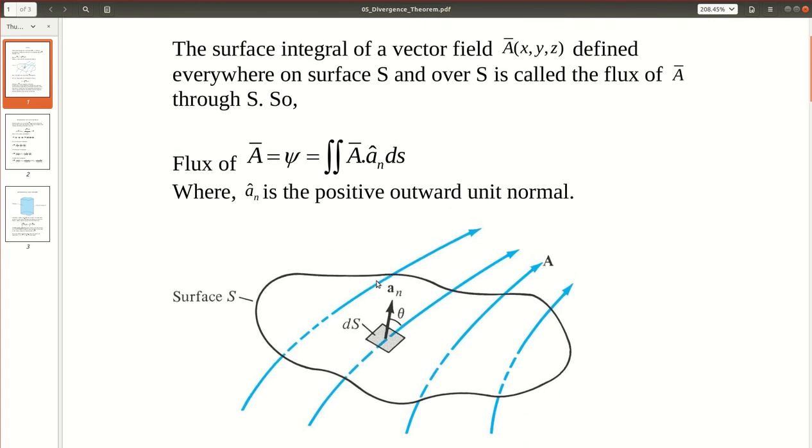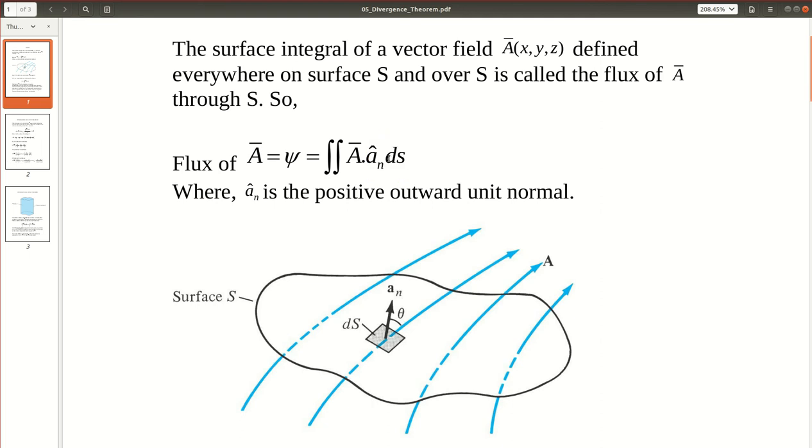So we define the surface integral of A(x,y,z), defined everywhere on this surface, over S, and it is called the flux of A. So the flux A dash, or phi, is the integration of A dash dot an ds.